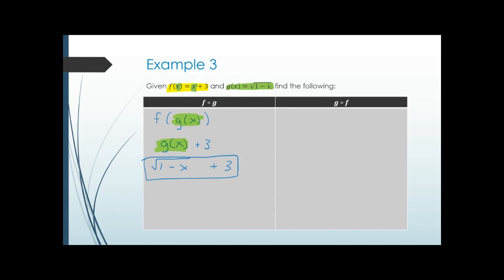Now the other direction, g of f of x, so this is g where you're plugging in f of x. Going back to my highlighter, instead of x, I'm replacing it with f of x. So when I write this, g is the square root of 1 minus x, but instead of x, I'm replacing it with f of x.